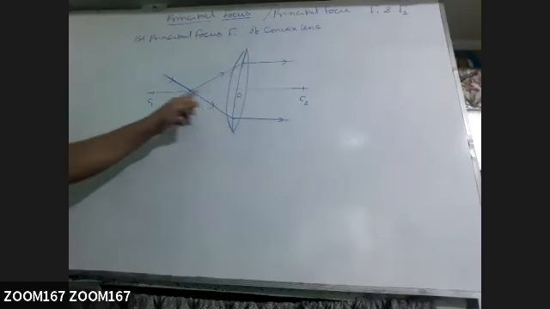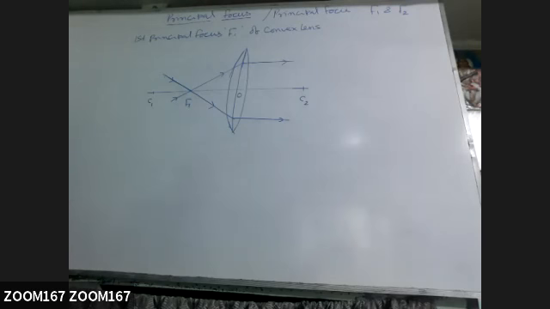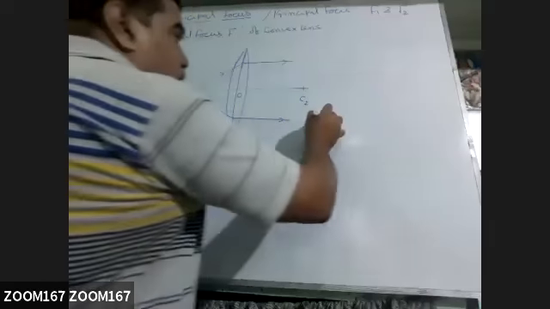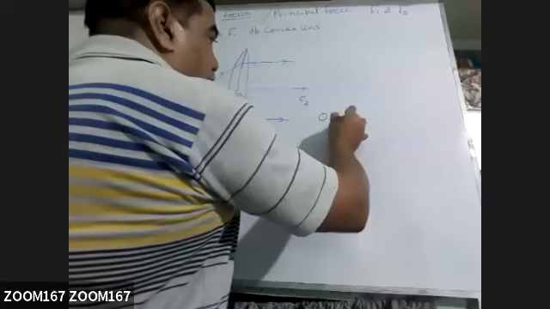And this OF1 we call focal length. So this OF1 is the focal length of the lens.